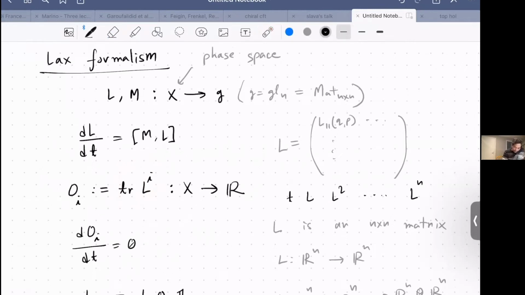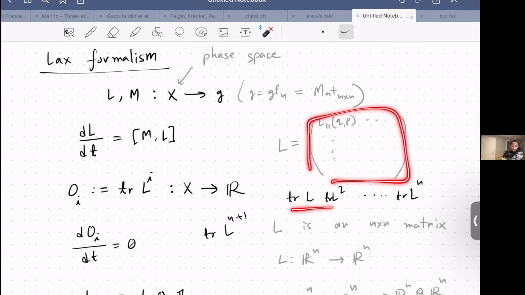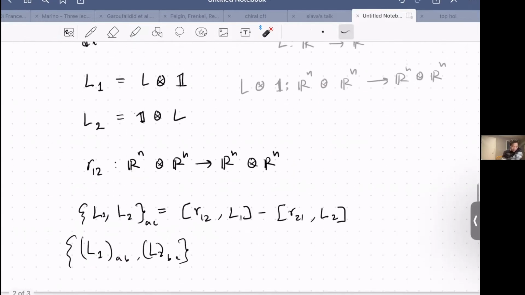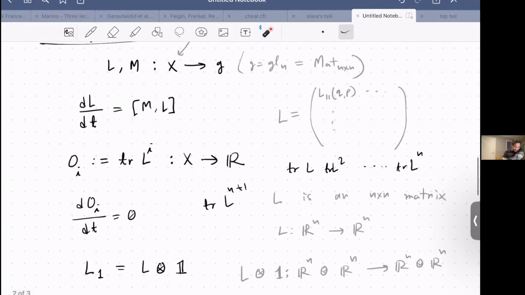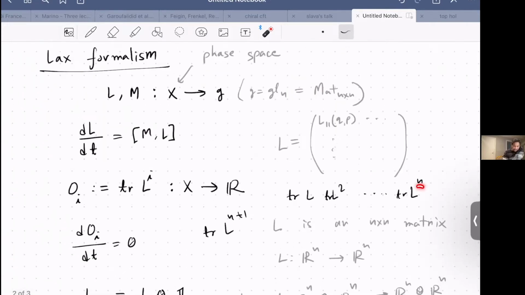Right, so you can take these traces, but if you take trace of something, say Ln plus 1, then this trace can be written as a function of these traces. So for an n by n matrix, you only have n independent traces. So if you're working on a phase space of dimension 2d, then you want at least d conserved charges. So n should be at least d.